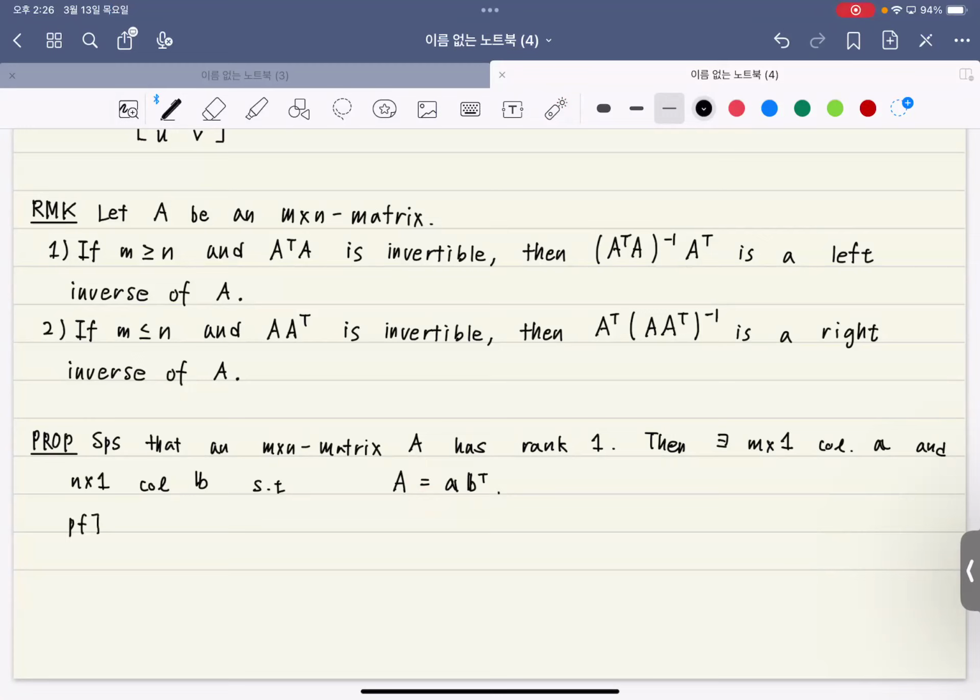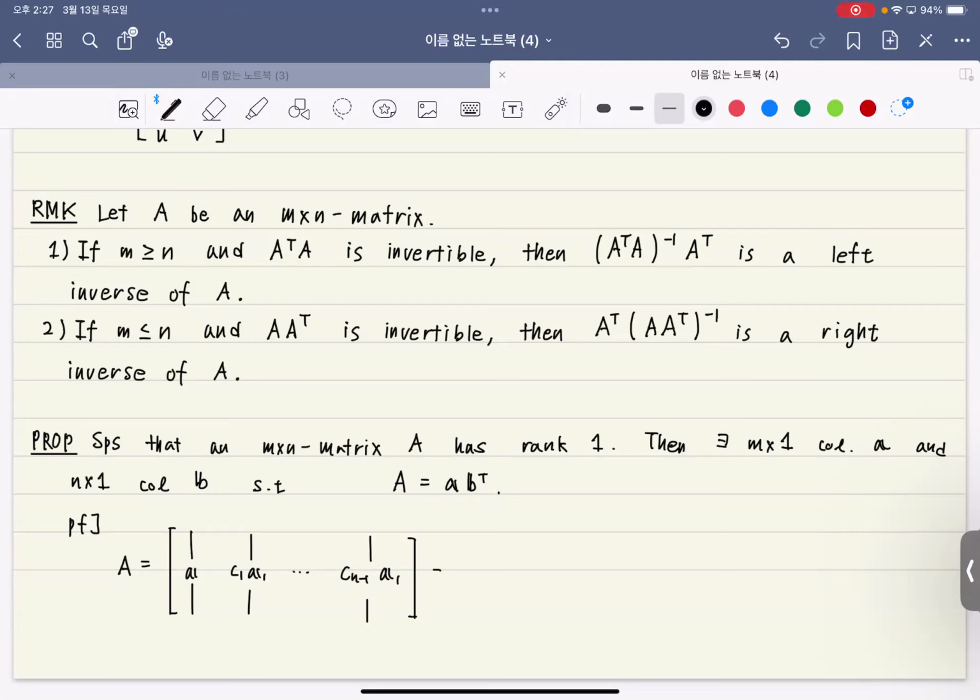So how do I know such two columns A and B exist? Because matrix A being a rank 1 matrix means every other column of A is nothing but a scalar multiple of the first one. So everything is just a multiple of A1.